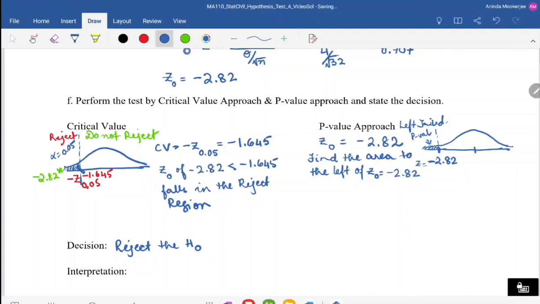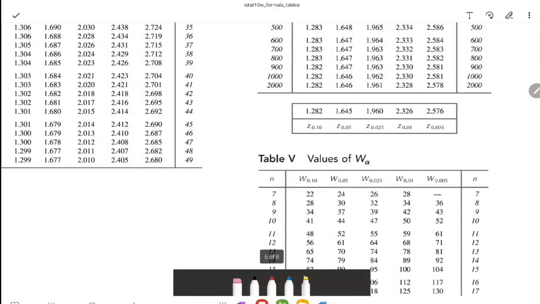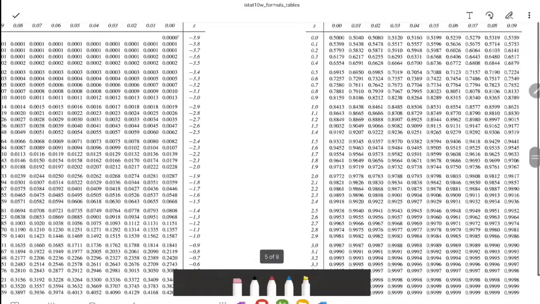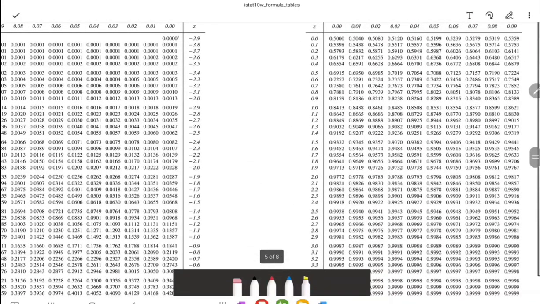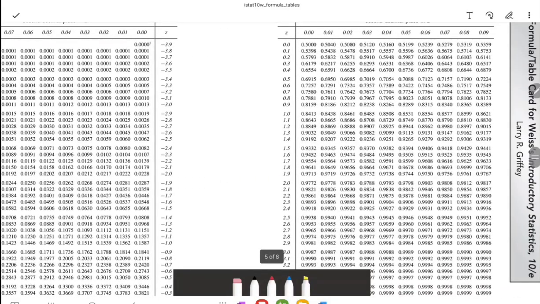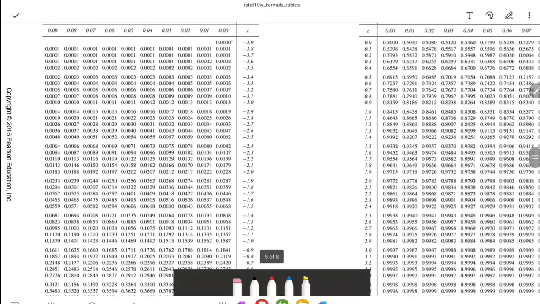So we have to go to our table again. But this time we have to go to our full-blown Z table. We cannot use that truncated short table. So negative 2.82. Let's look at the negative Z table, which is this one on the left-hand side.